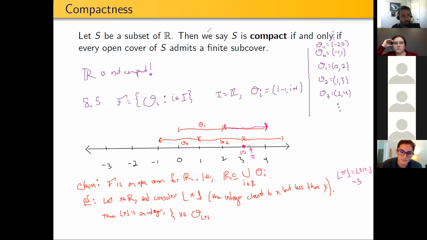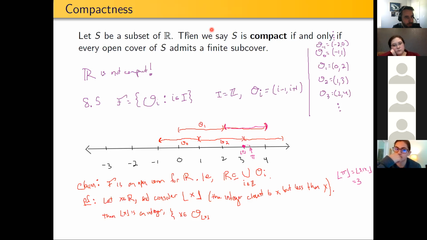So what we've done is we've been able to show that R is a subset of this union because we took an arbitrary element of R, we showed that it was in one of these sets, and since it is in one of these sets, it's therefore in the union of all of these sets.